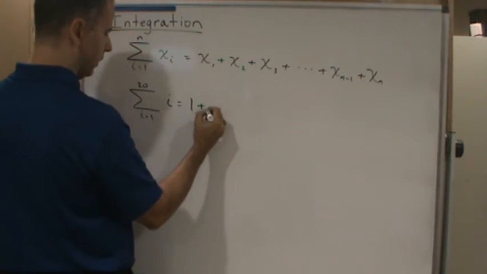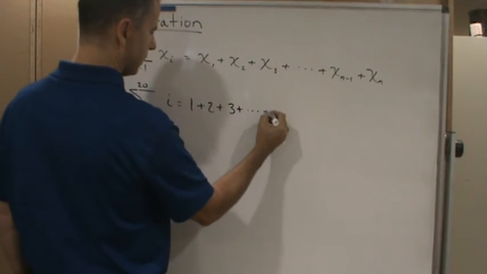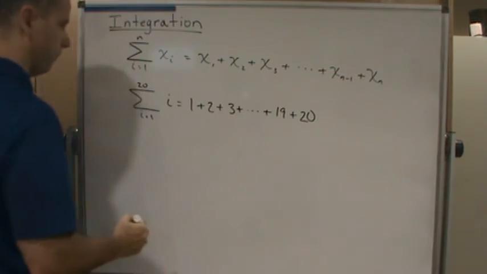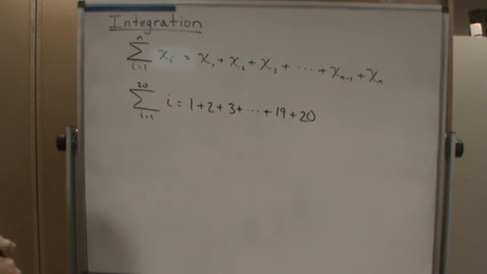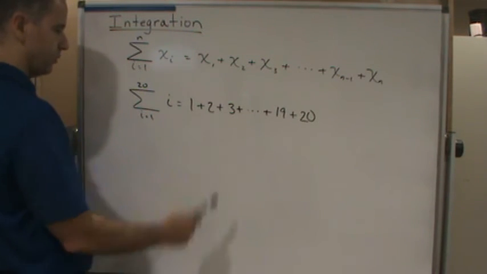So this is 1 plus 2 plus 3 plus, all the way to 19 plus 20. And that's what it means.